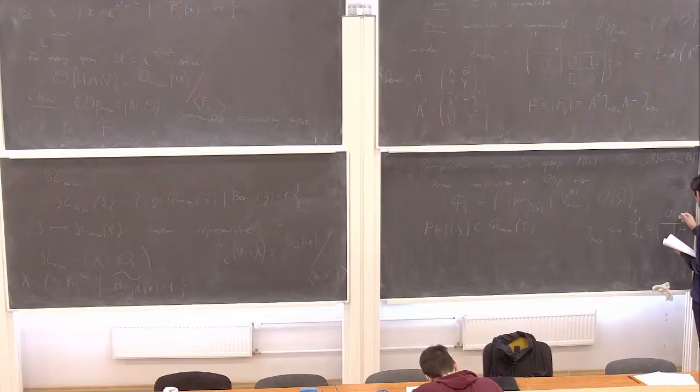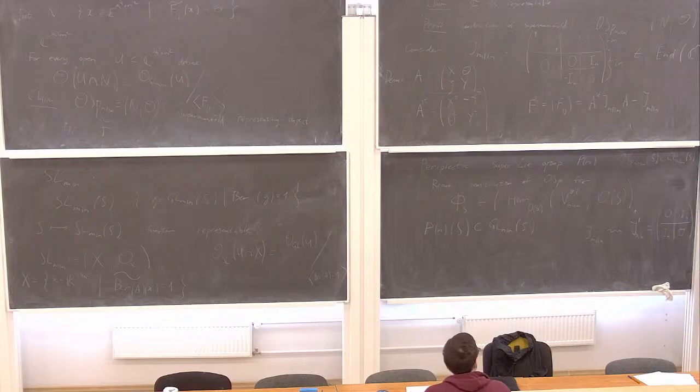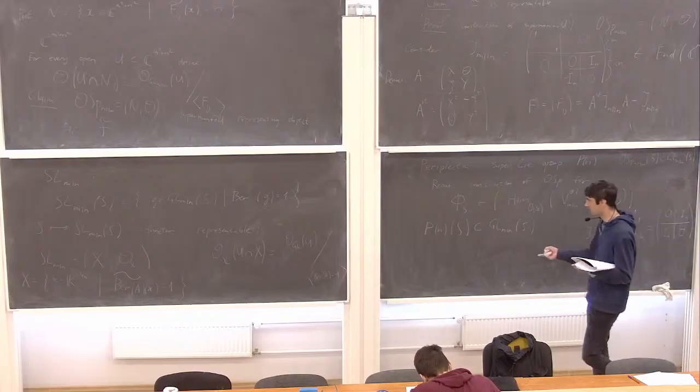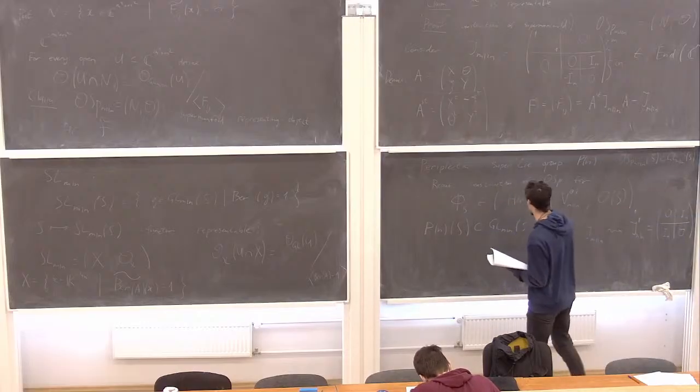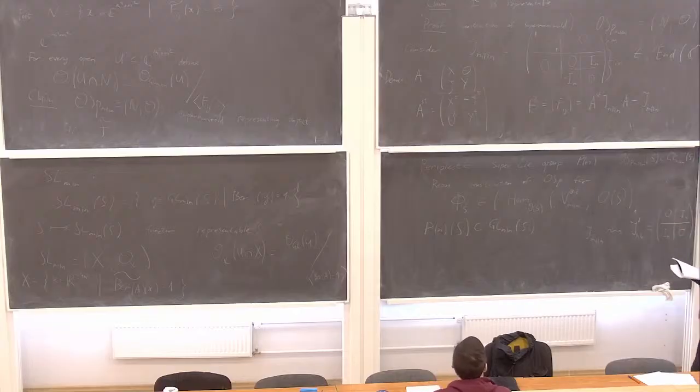And supersymmetry and non-degeneracy say that it should be 1_n here and 1_n here. And then you have all the same conditions. So you just repeat all the stuff, and then you get the periplectic supergroup.